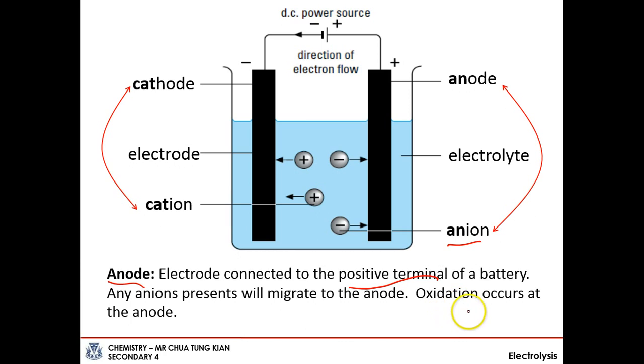And oxidation occurs at the anode. Later on we will cover more of this as well. But just to let you know first, you can remember the oxidation or reduction processes happening at the anode or cathode with this simple mnemonic, AOCR. Anode for oxidation, cathode for reduction.